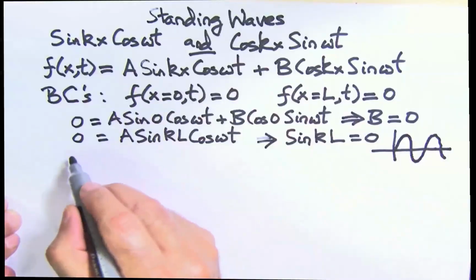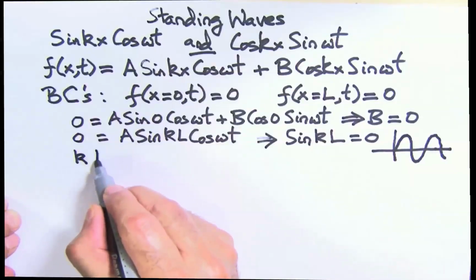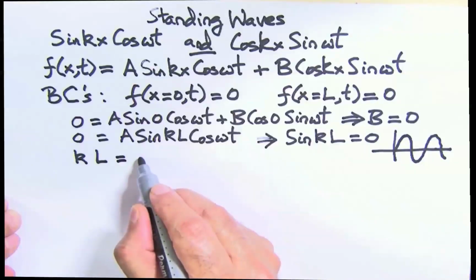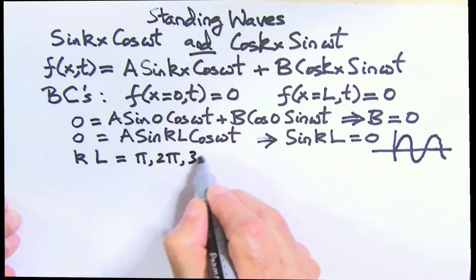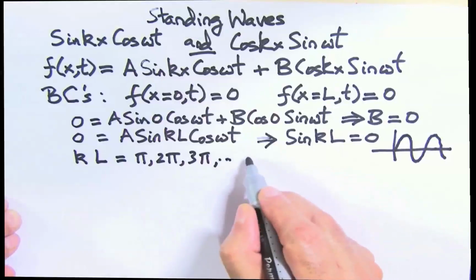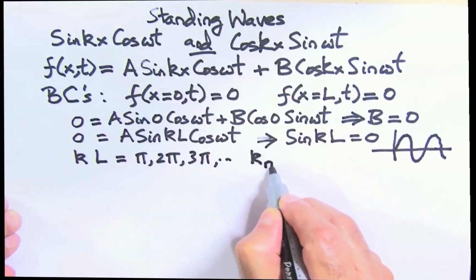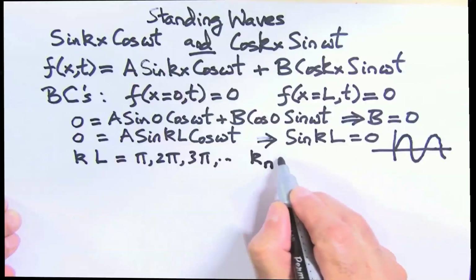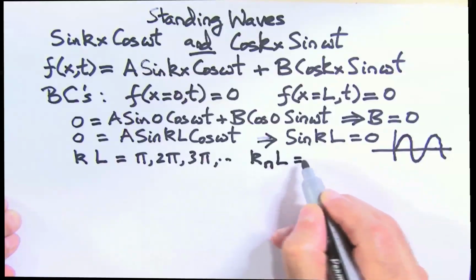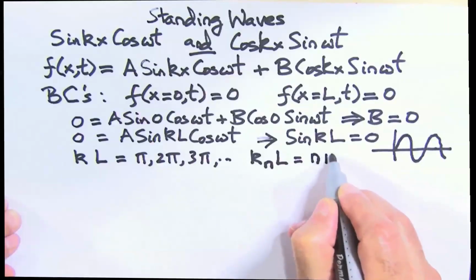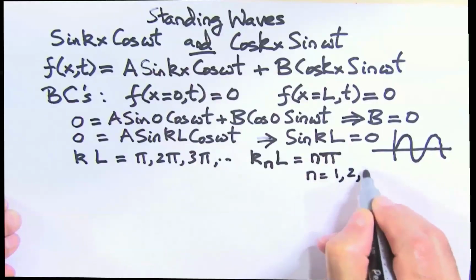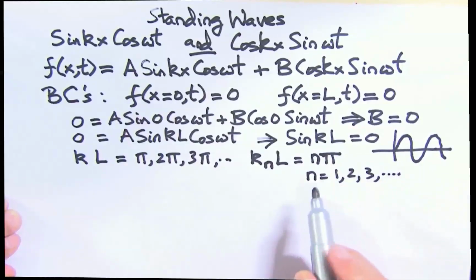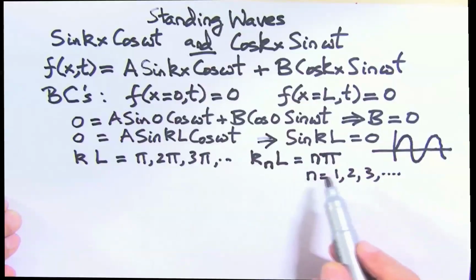And so we must have that kL must be equal to either pi or 2 pi or 3 pi, etc. In other words, there are different values of k possible, and so k_n times L must be equal to n times pi, where n is 1, 2, 3, etc. And we exclude n equal to 0 because then the sine is 0 and it's uninteresting.